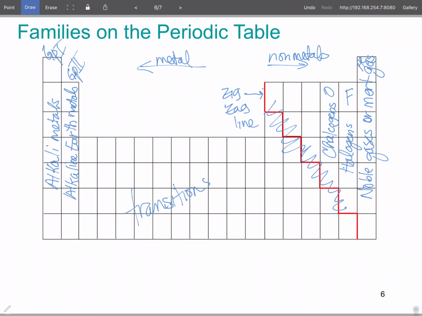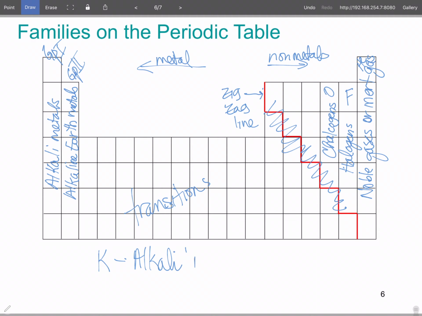So you may be asked to identify a species. For example, if I gave you potassium and asked, is it in a particular family, you would say that it is in the alkali metals.